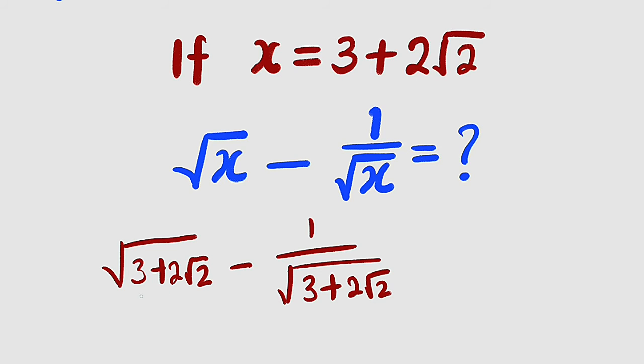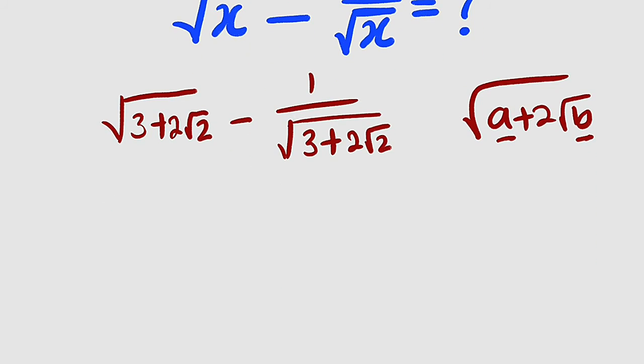Finding the square root of an expression in this form is very simple. Once you have the square root of a plus 2 root b, for instance, just find two numbers you can multiply to get b and add to get a, and you're good to go. So two numbers we can multiply to get 2, and add together to get 3, are 2 and 1, because 2 times 1 is 2 and 2 plus 1 is 3.